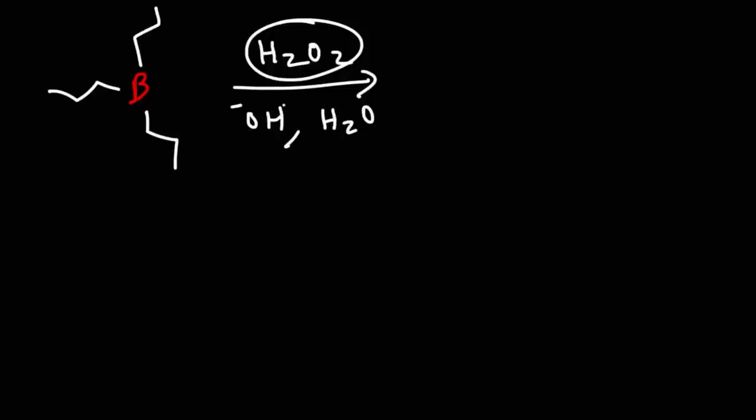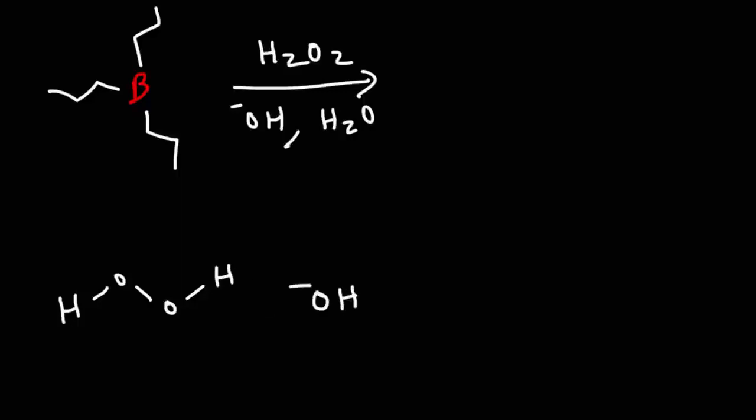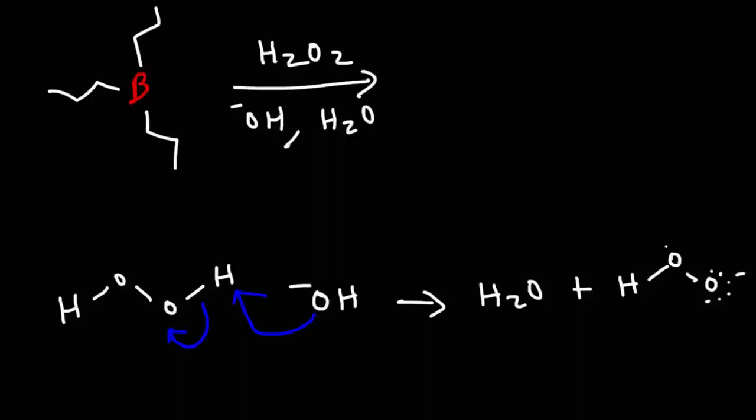So these two will initially react. So this is hydrogen peroxide, and we're going to react it with hydroxide. Hydroxide is going to remove a hydrogen from hydrogen peroxide. This is going to produce water and this deprotonated peroxide ion.